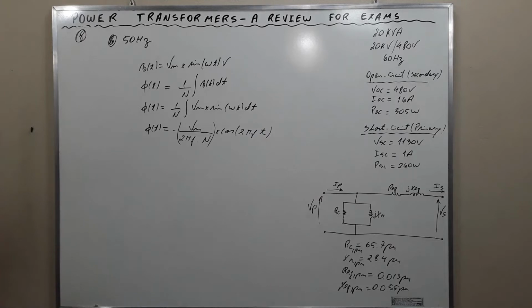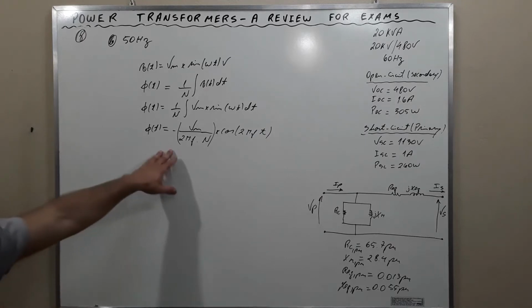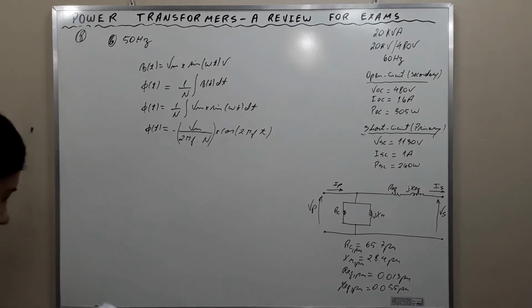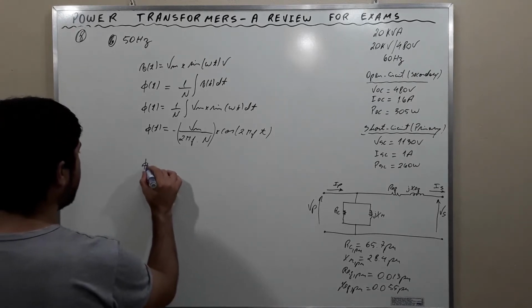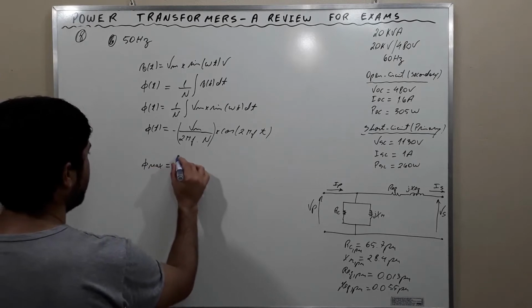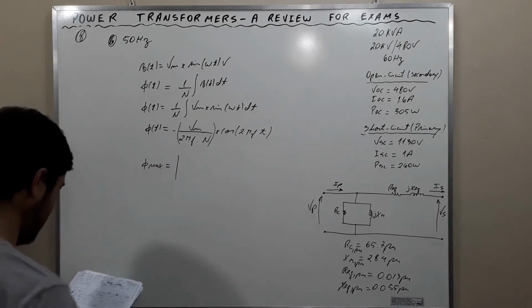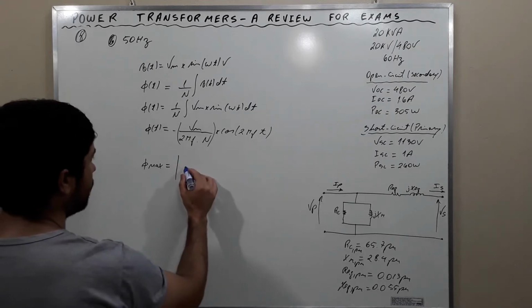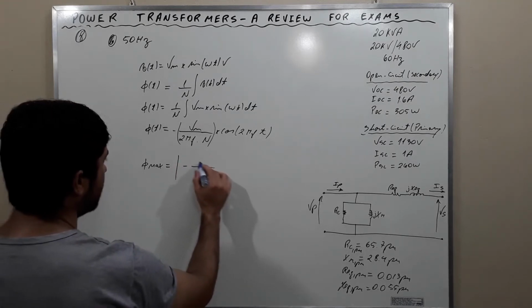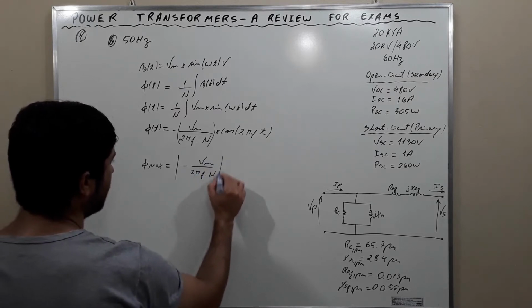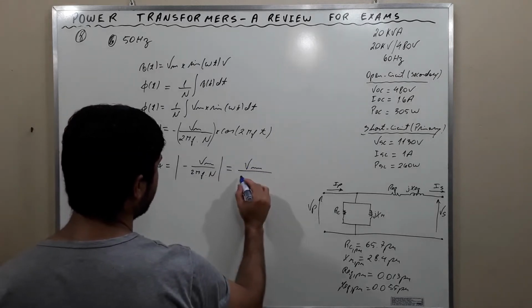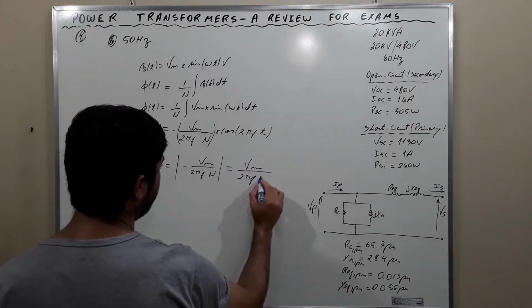And if we want to find the magnitude of this wave here, phi max is equal to the magnitude of minus Vm over 2 pi f N, which is Vm divided by 2 pi f N.